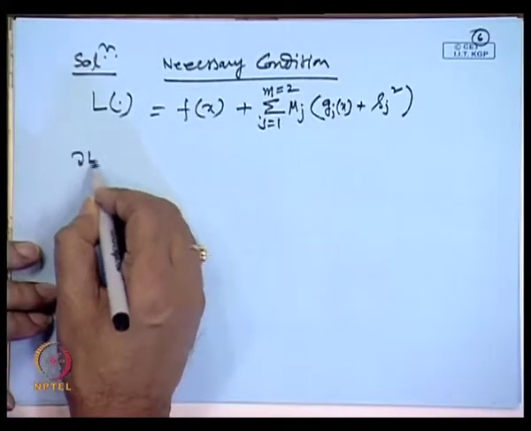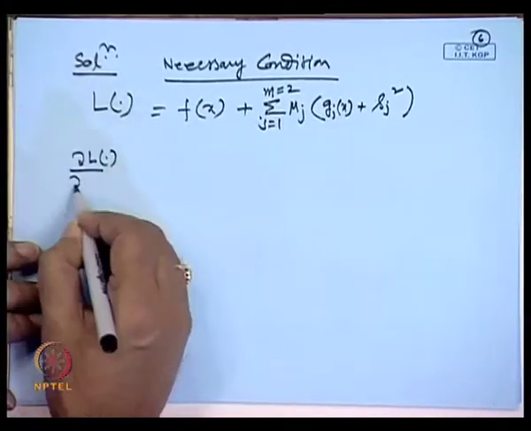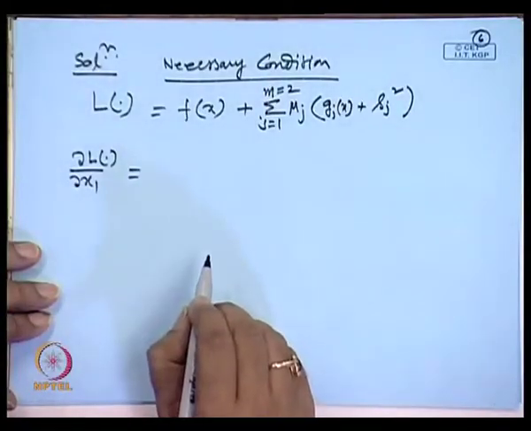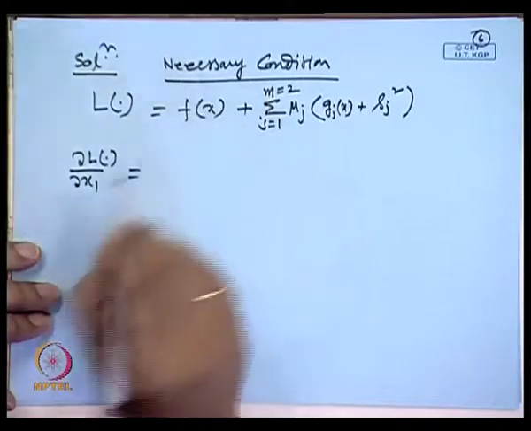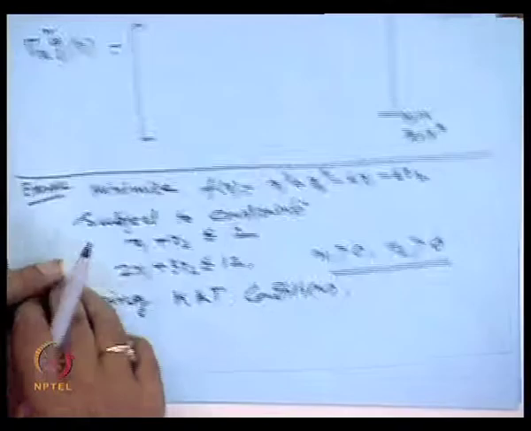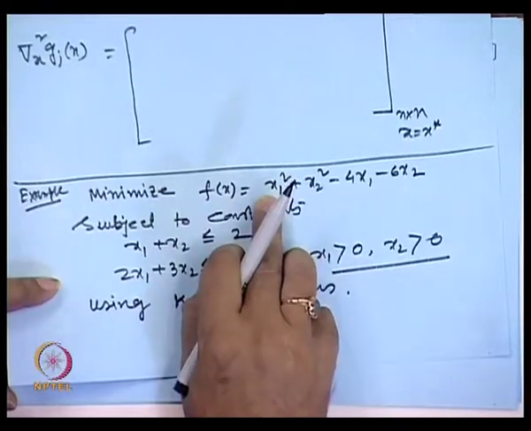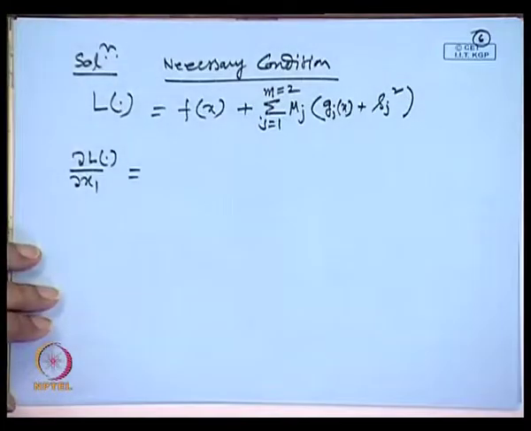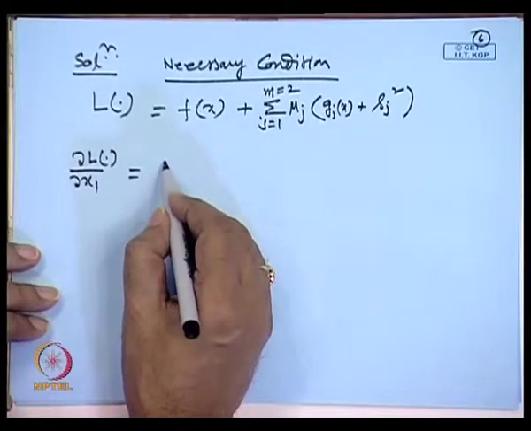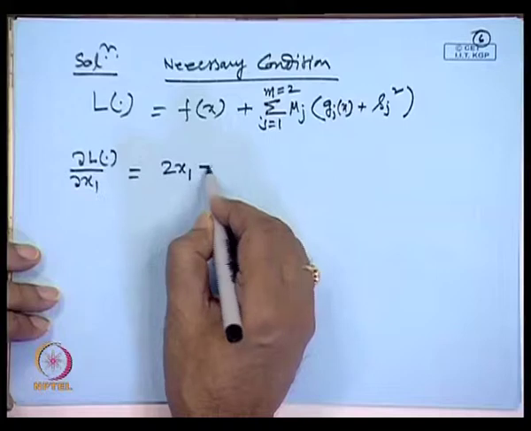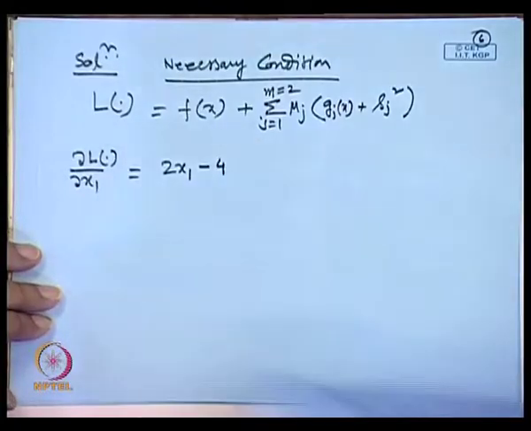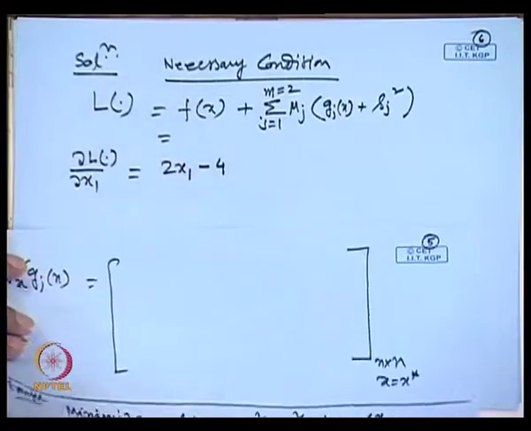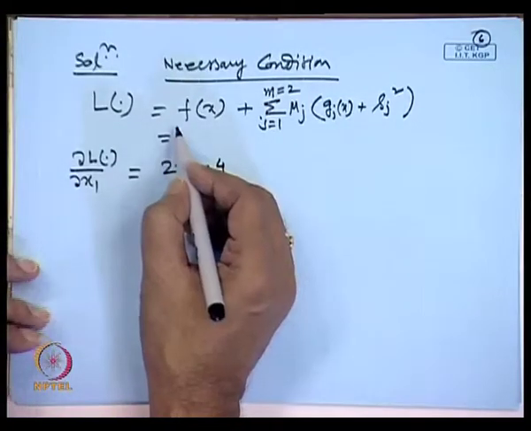Now I use the necessary conditions for this one. I will find del L del x 1 is equal to 0. What is f of x?